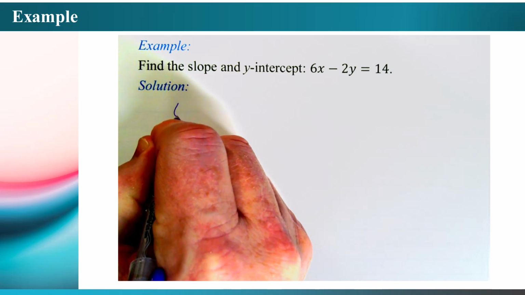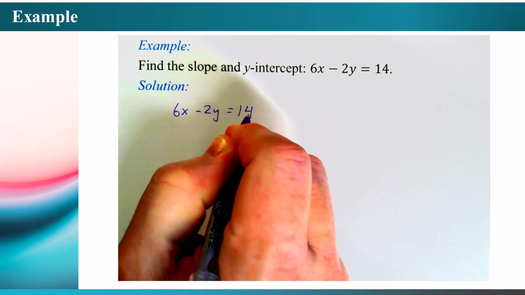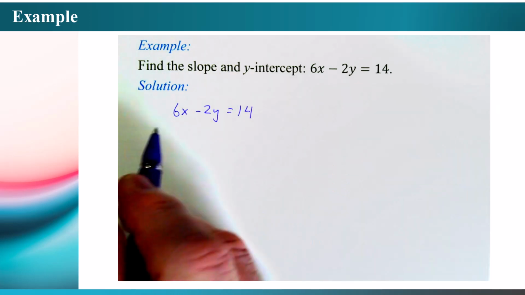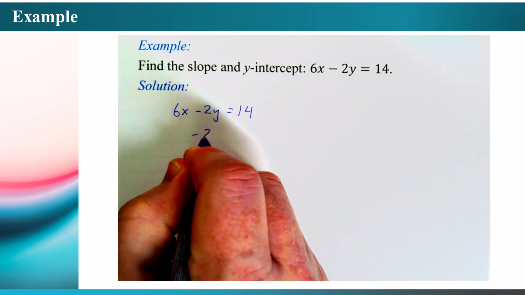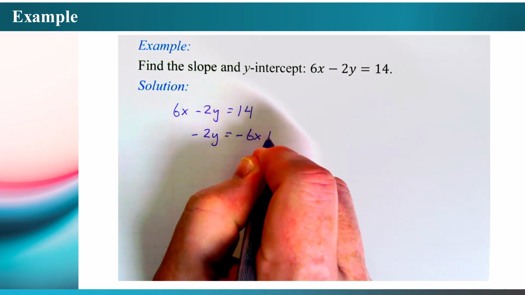I start with 6x minus 2y equals 14, and I'm going to just drag this 6x to the other side of the equal sign, which will end up giving me negative 2y equals negative 6x plus 14.